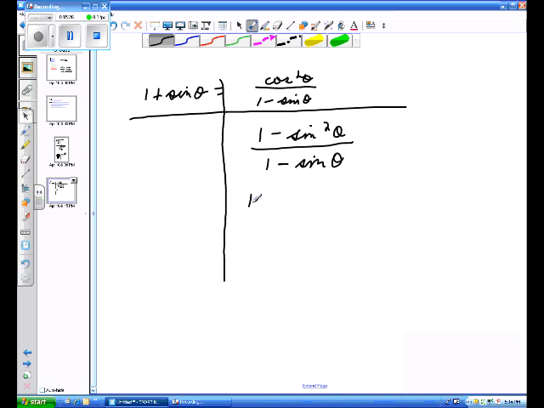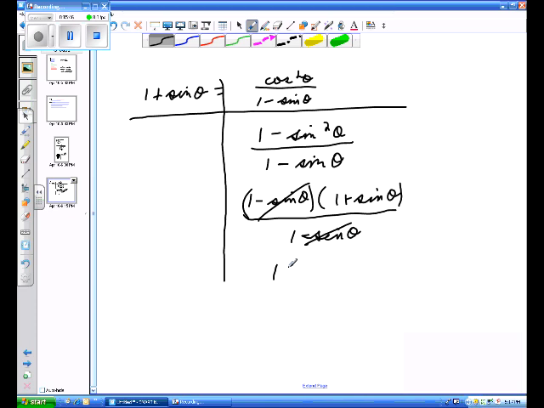So we could factor our numerator to be 1 minus sine theta times 1 plus sine theta, which looks good because remember that's where we're heading, divided by 1 minus sine theta. Now our 1 minus sine thetas would cancel, and we're left with 1 plus sine theta. So we had to replace with a Pythagorean identity, and then we had to factor.